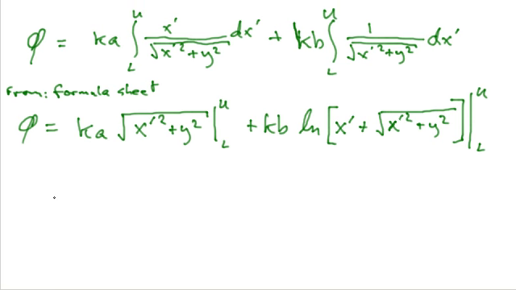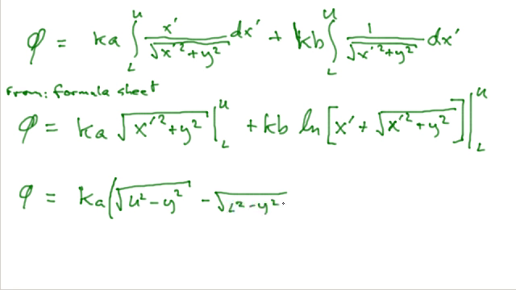Alright, I think this is looking pretty good. So phi is equal to Ka times the square root of u squared plus y squared minus the square root of L squared plus y squared, and then plus Kb.